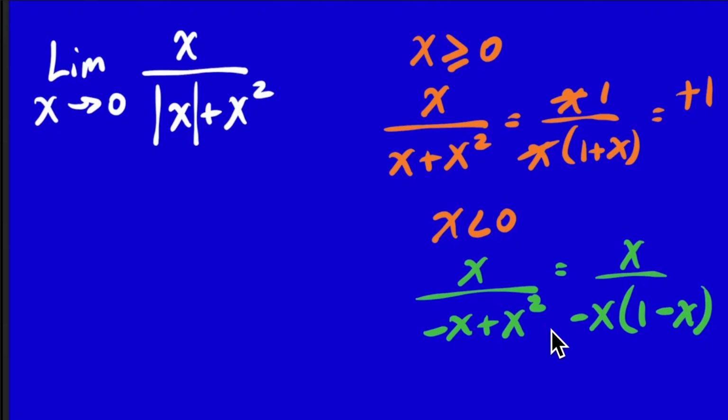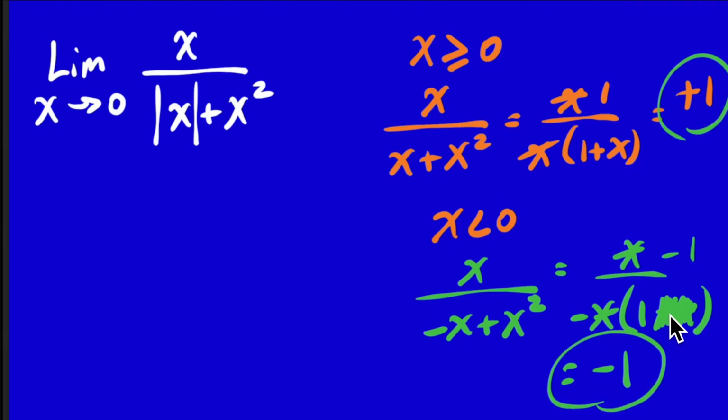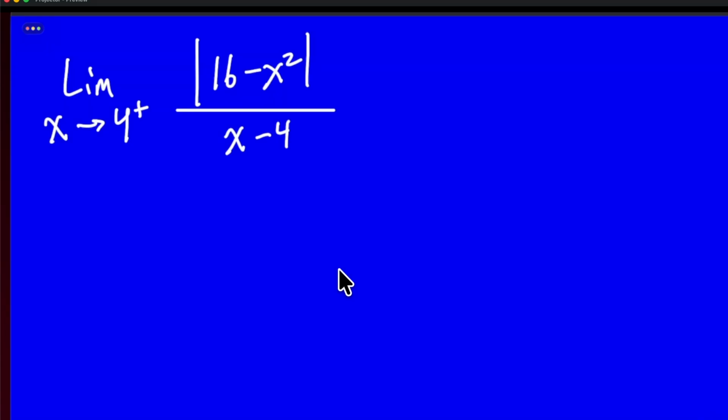Let's again double check. If we redistribute, we're going to have negative x plus x squared. These x's cancel out. We get a minus 1 on the top. If you insert a 0 here, which is the same as just putting your thumb over it, you're going to get negative 1. Therefore, since you get two different limits, this one does not exist.